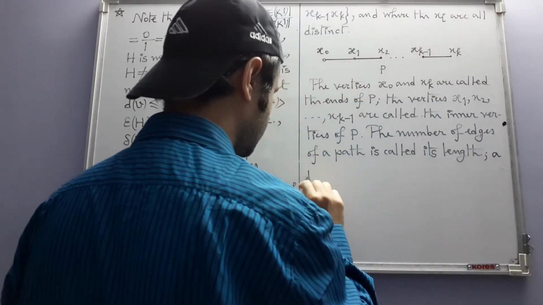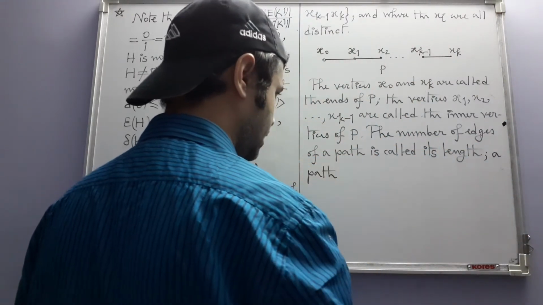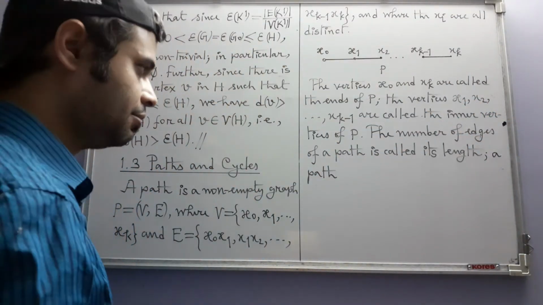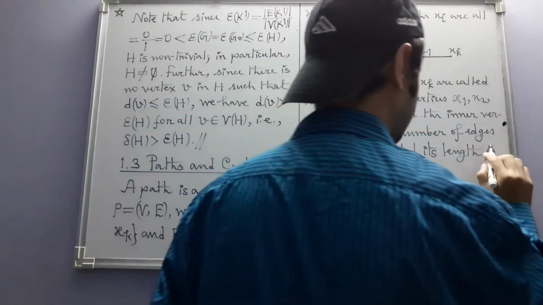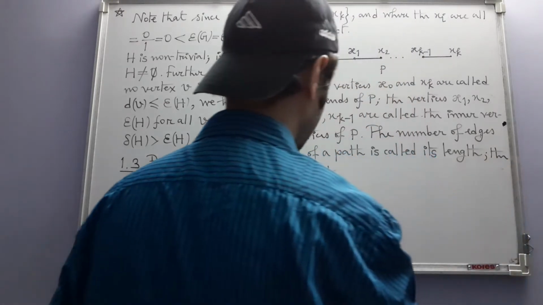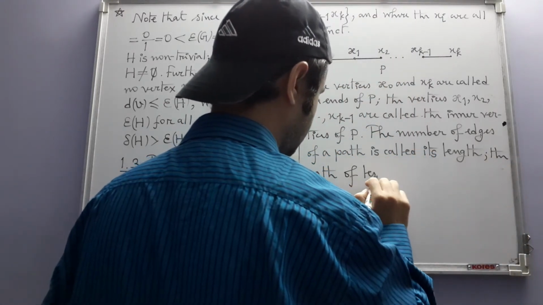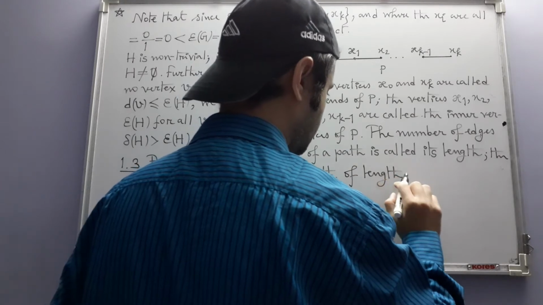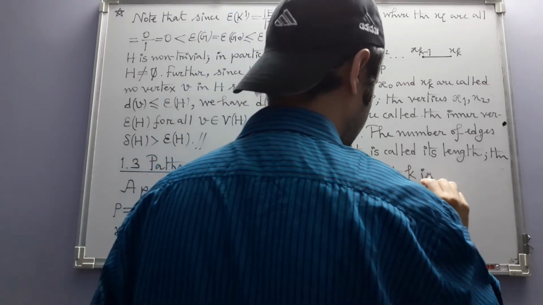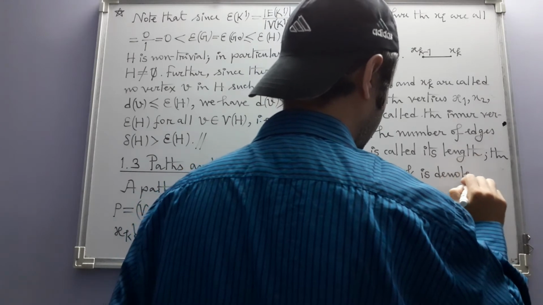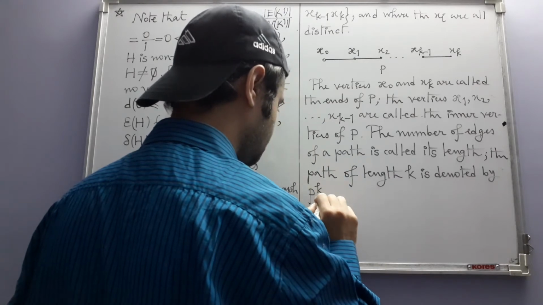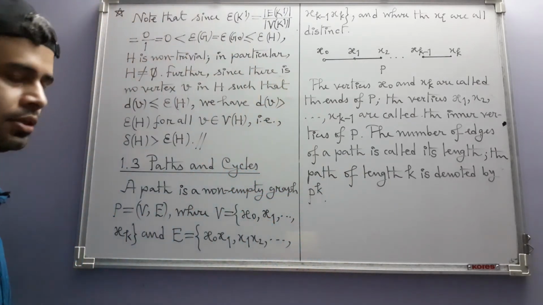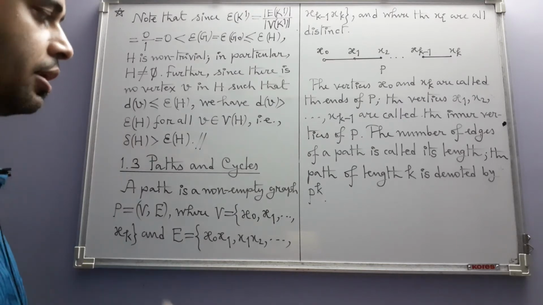Since isomorphic graphs are not considered to be anything different, we can write the path of length k as denoted by Pk, P superscript k, where k can be any non-negative integer.